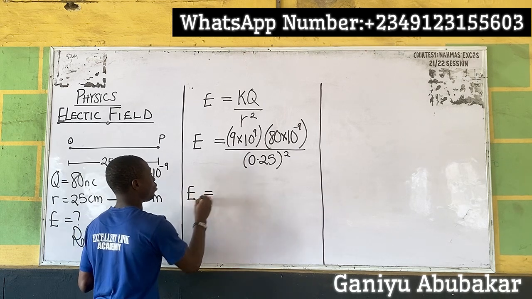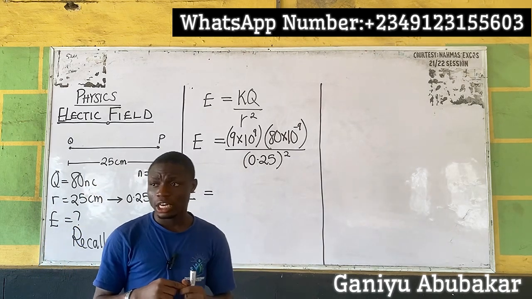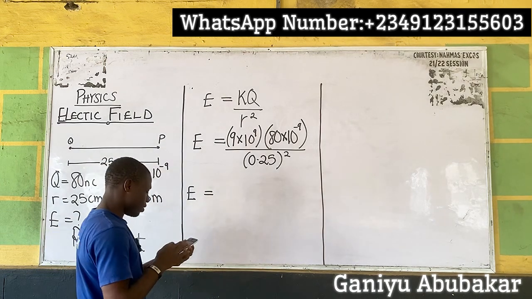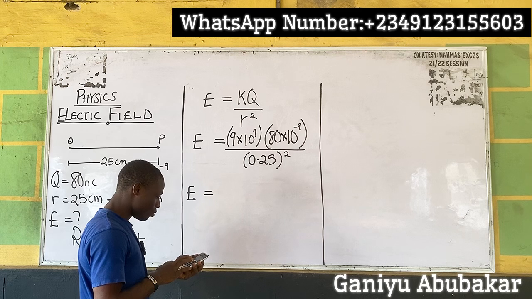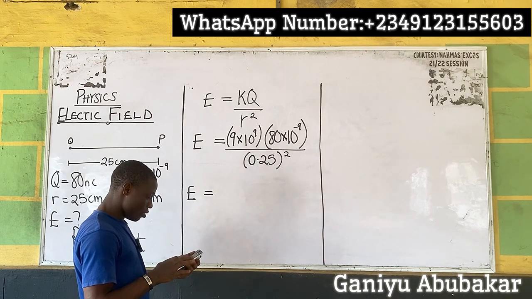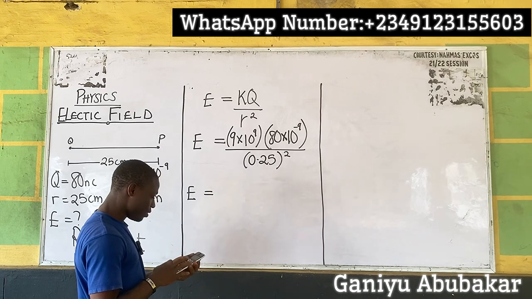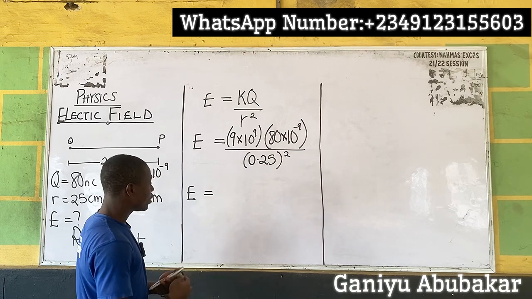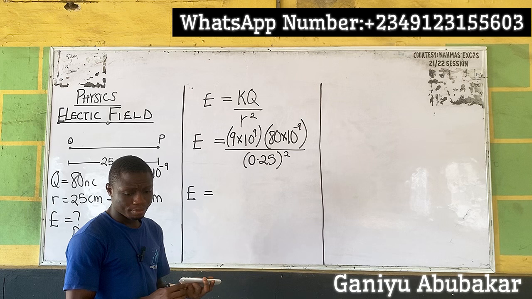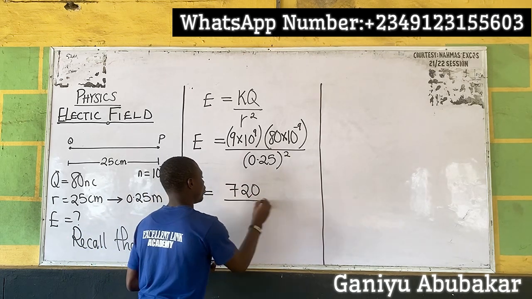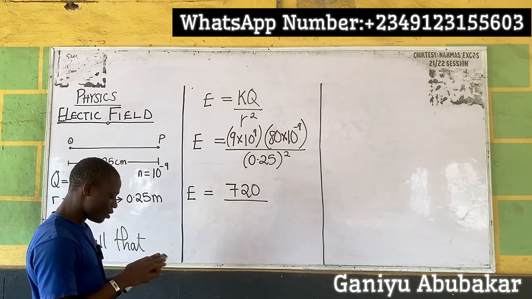Let's get the value of the numerator and divide it by the denominator. This gives 9 times 10 to the power 9, multiplied by 80 times 10 to the power minus 9, which gives 720 for the numerator, all over 0.25 squared.